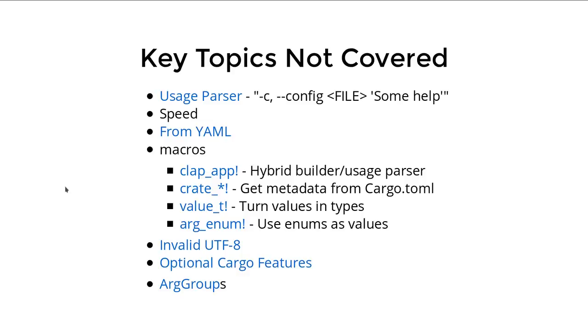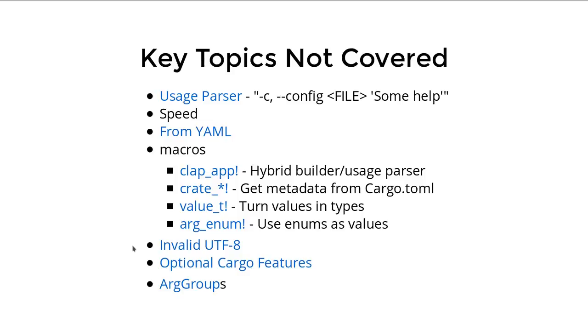That way you don't have to worry about keeping those up to date. There's some value_t macros that will just change the strings into actual values. You also have an arg_enum macro, which allows you to use enums as argument values. What it basically does is automatically implement a bunch of the from_str and a bunch of those other traits for you automatically.